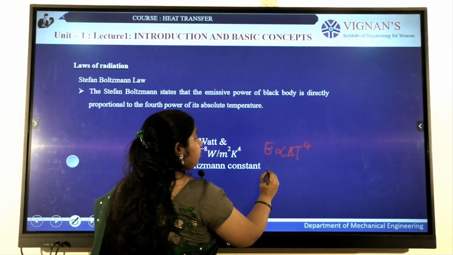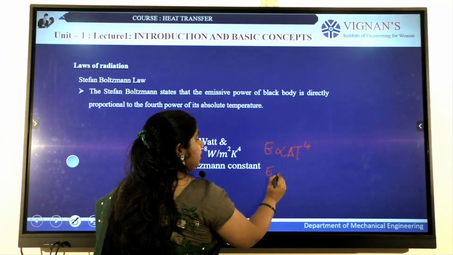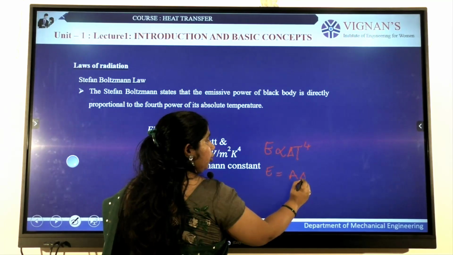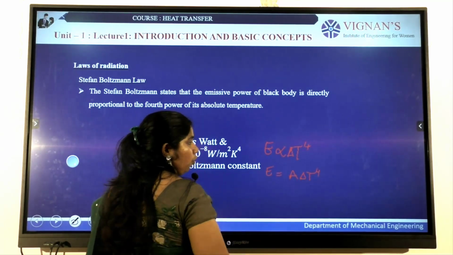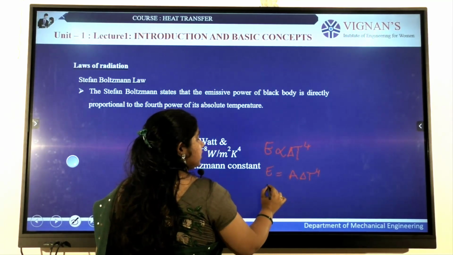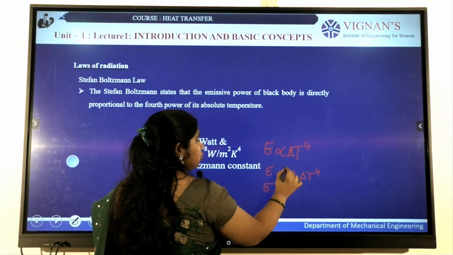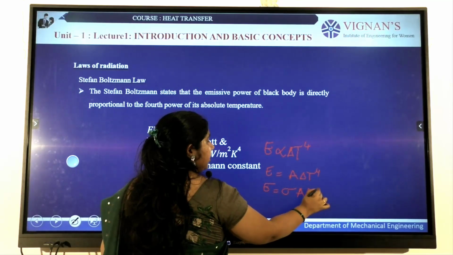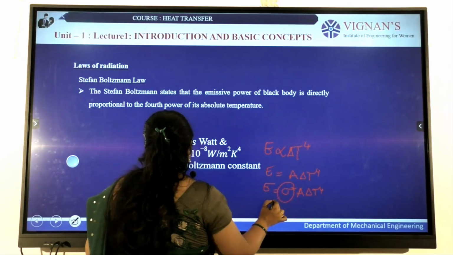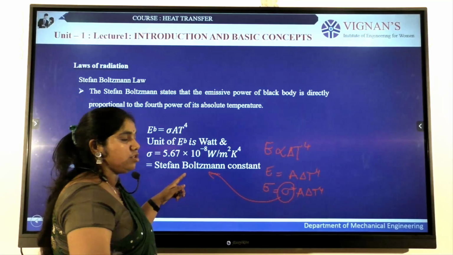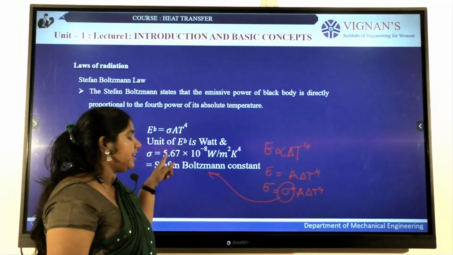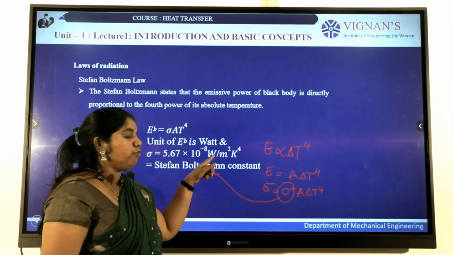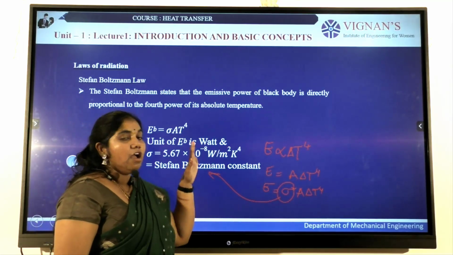If we remove the proportionality sign, E equals some area times delta T to the power 4, so we introduce a proportionality constant: E = sigma A delta T^4, where sigma is called the Stefan-Boltzmann constant, with a value of 5.67 x 10^-8 W/m^2 K^4.